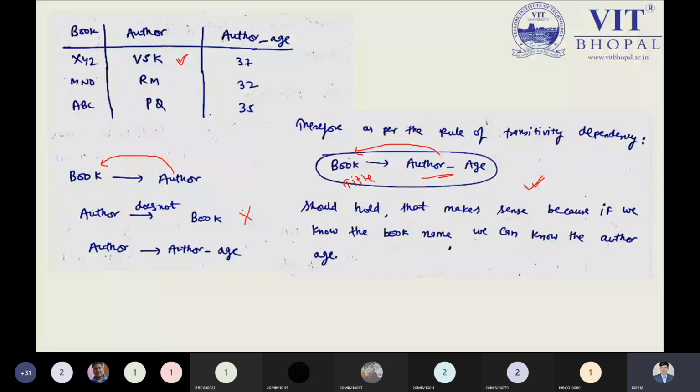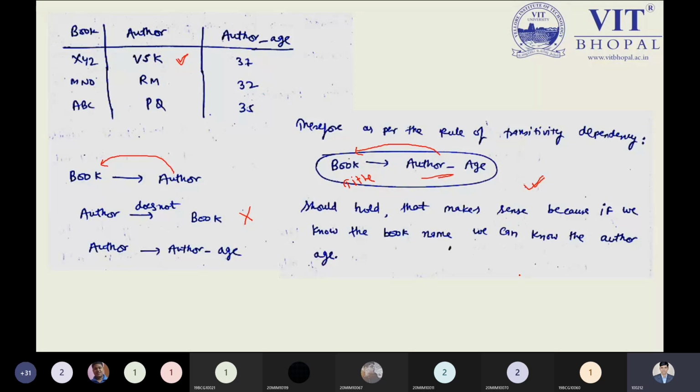Everyone will like to see the book by the title, but after seeing the title, we will like to see the author name. So the book title will be recognized by the author's name. So the author is totally dependent on the book title.